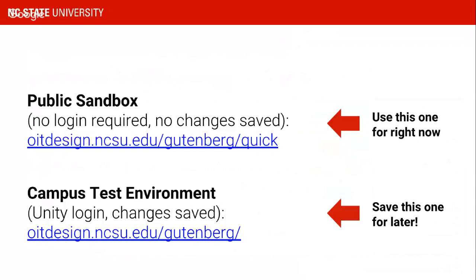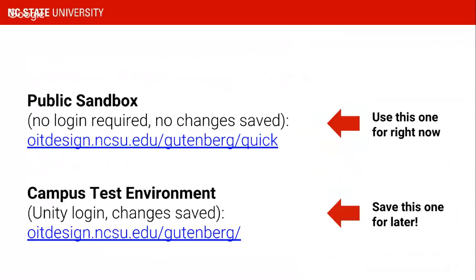We have a couple of examples of some Gutenberg content that we're going to run you through and ask you to try to recreate. So I'm going to assume everybody is at that URL. If you're having any trouble, if you could just post something in the Q&A document, that would be very helpful.